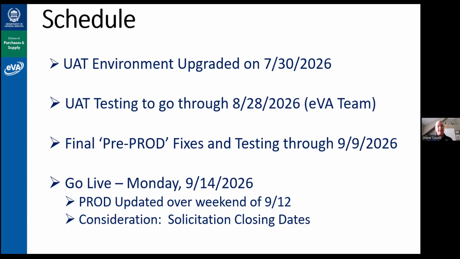I probably should have put tentative on the slide, so in my voiceover, I'll say that. Our tentative plan is on Monday, September 14th, we will go live. So you will come in Monday morning and the system will be live. We will be doing the production update over the weekend of 9/12.